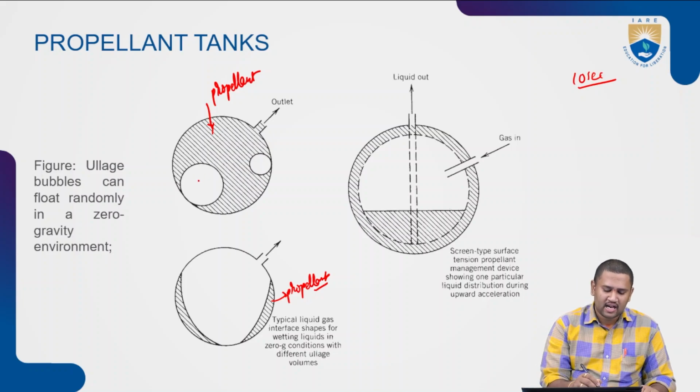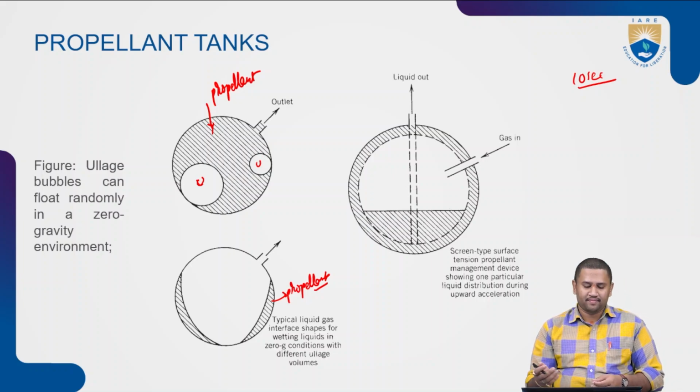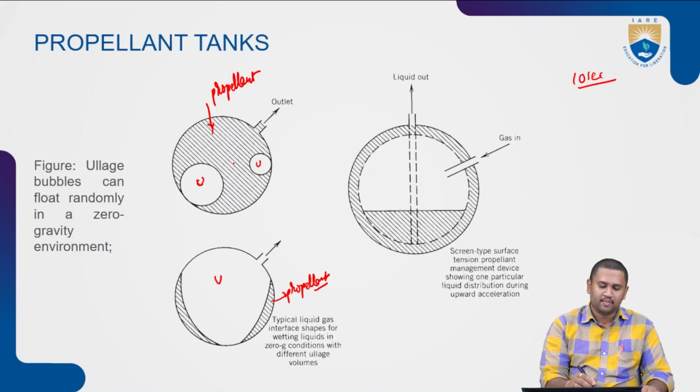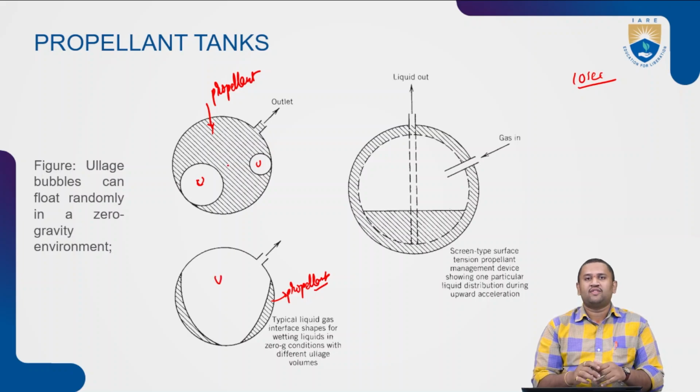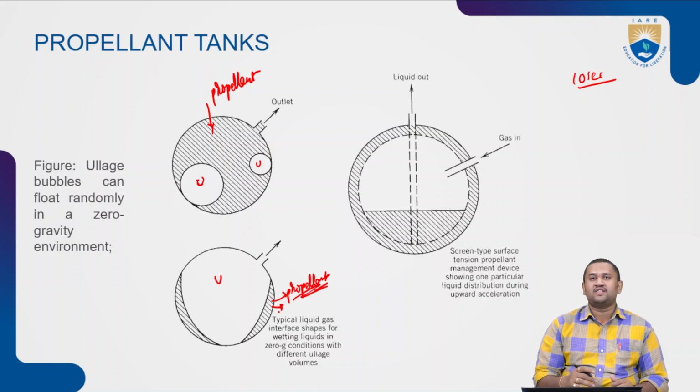At that time, these are the bubbles that are being formed. As the tank empties out, the ullage, particularly the bubbles, will coalesce, forming a larger amount of ullage, and the propellant will stick onto the surface of the tank.